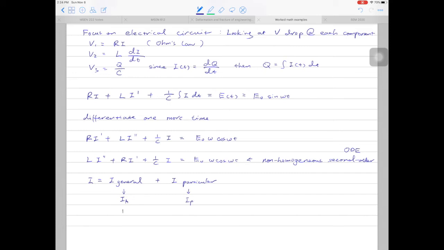For the particular solution, it can be denoted as IP. The homogeneous part of the solution tells us the intrinsic property of the system. The particular part of the solution tells us the oscillation determined by the external force or the external voltage.